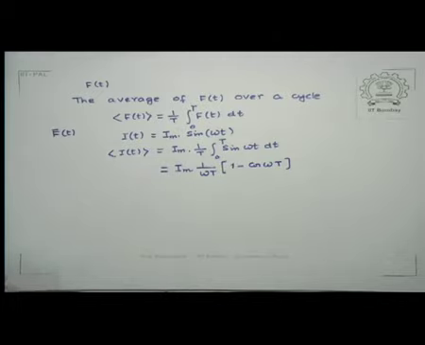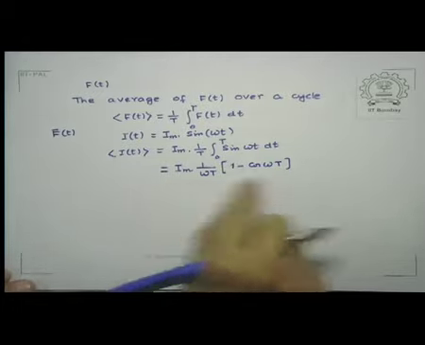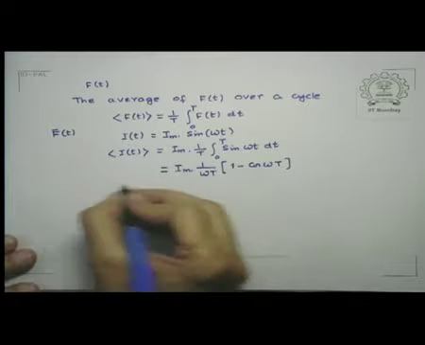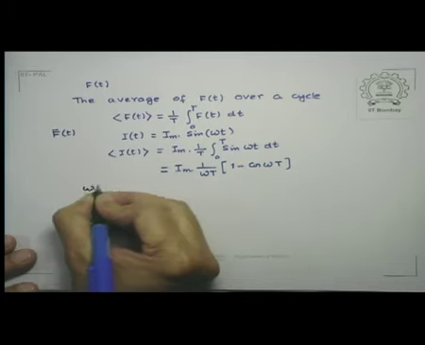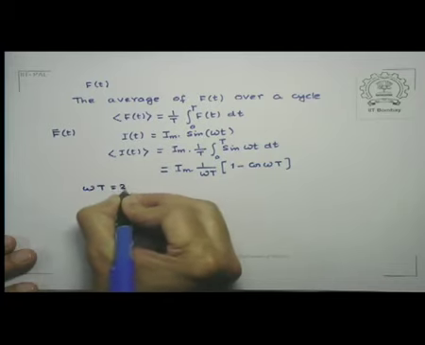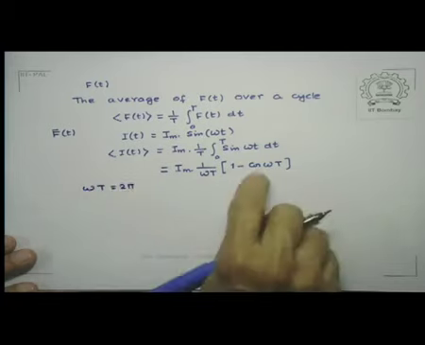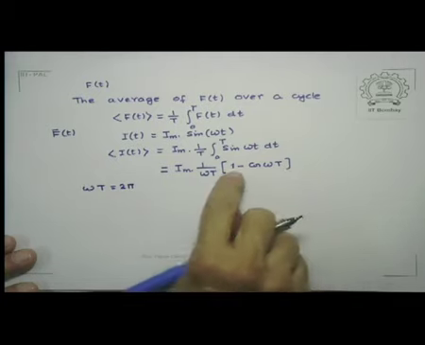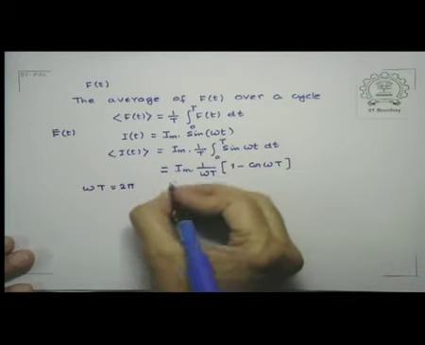So I have to find out what this is. Recall by definition of time period, omega times capital T is equal to 2 pi. So therefore, what I have here is cosine of 2 pi, but cosine of 2 pi has the same value as cosine of 0. So therefore, this quantity is equal to 0.